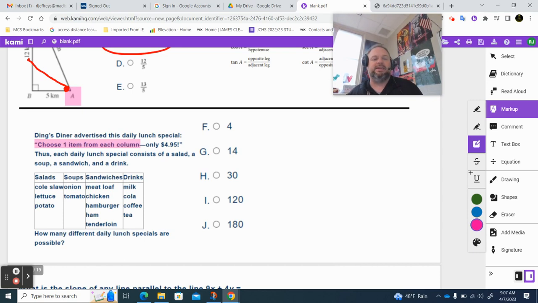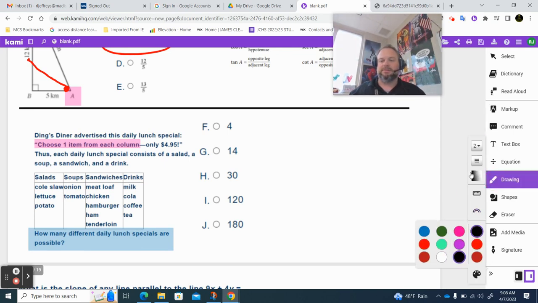We actually don't need to know how much it cost, because it says how many different daily lunch specials are possible. Well, how many choices do we have from salads? Well, we have 3 times, and we have 2 soups, because it consists of a salad, a soup, a sandwich, and a drink.